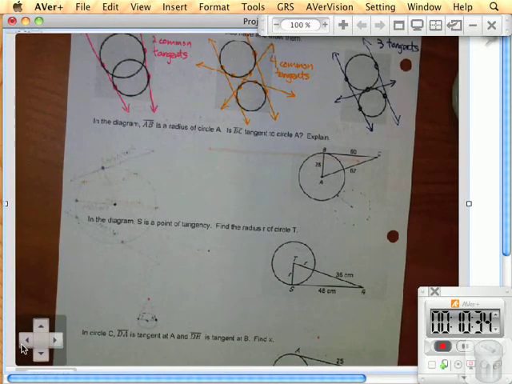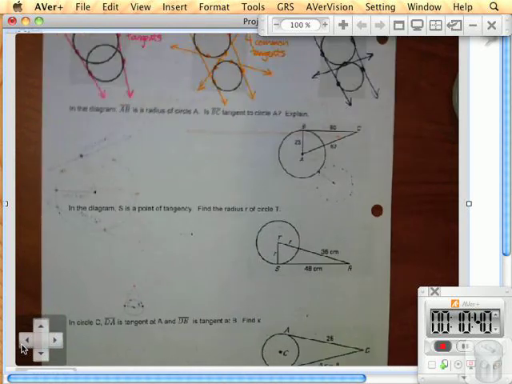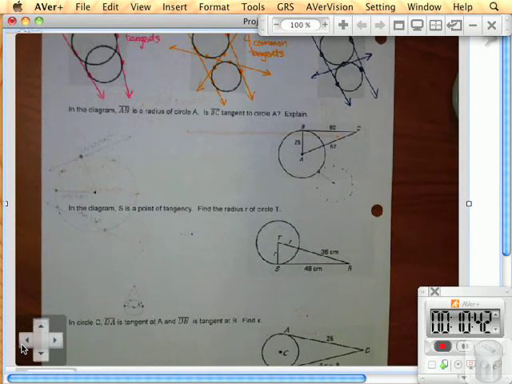So now we're going to use the theorems to solve some stuff. In the diagram, segment AB is a radius of circle A. Is segment BC tangent to circle A? And explain. So if it's tangent, it's going to form a what?